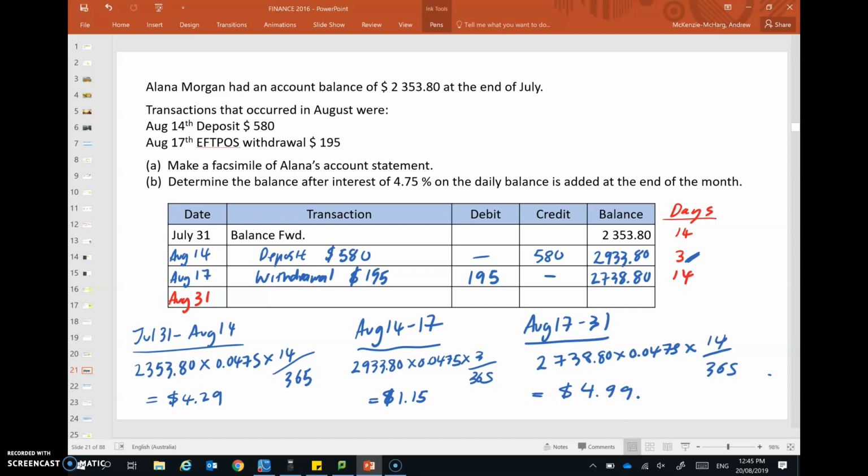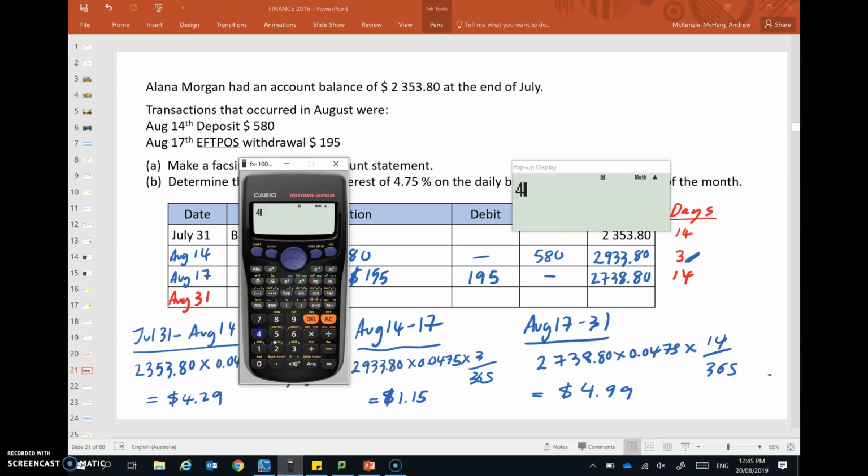So if we add those all up, $4.29 plus $1.15 plus $4.99, we get $10.43. Now what do we do with that?